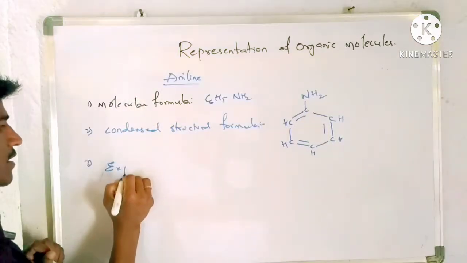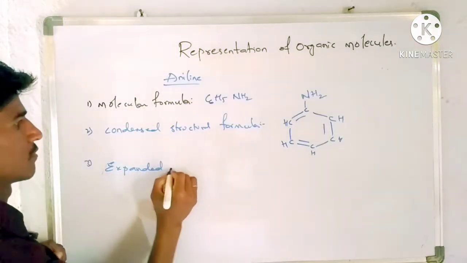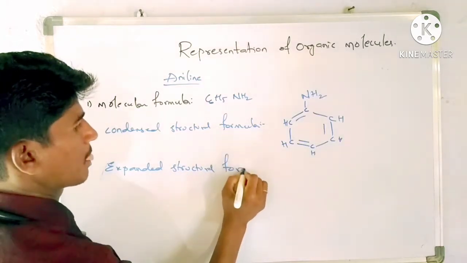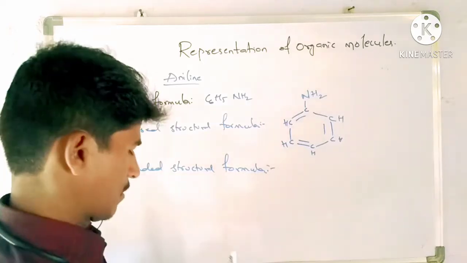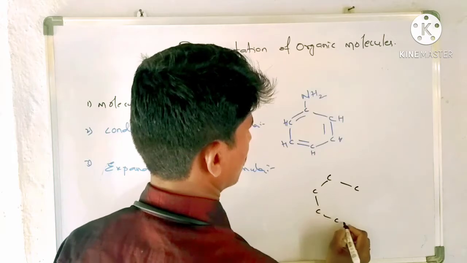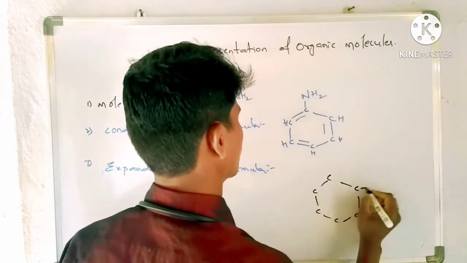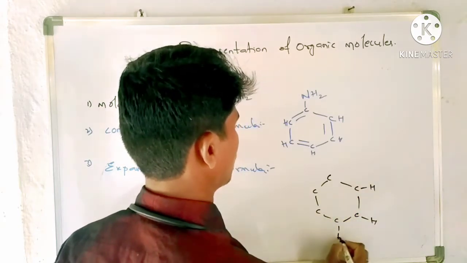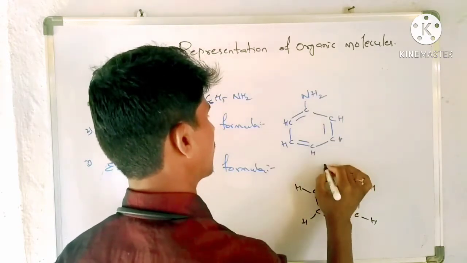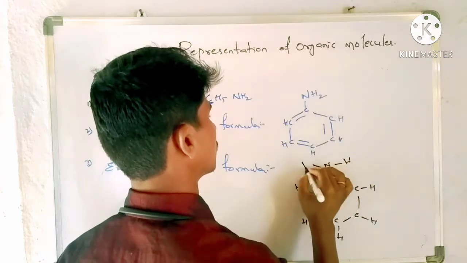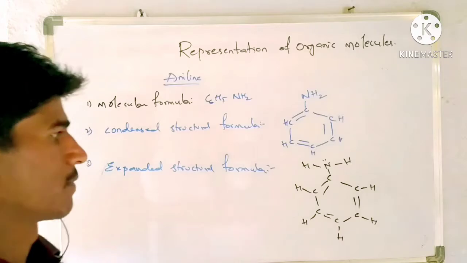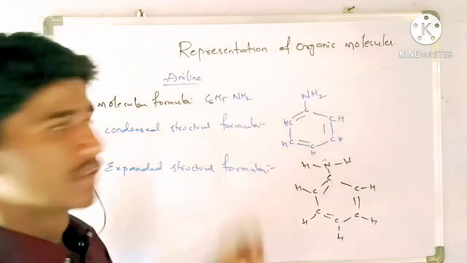Next, the third one, the expanded structural formula. Expanded structural formula means: here 1, 2, 3, 4, 5, 6, then H, H, H, H, H, and here nitrogen, H, H. So this is the expanded structural formula for aniline.